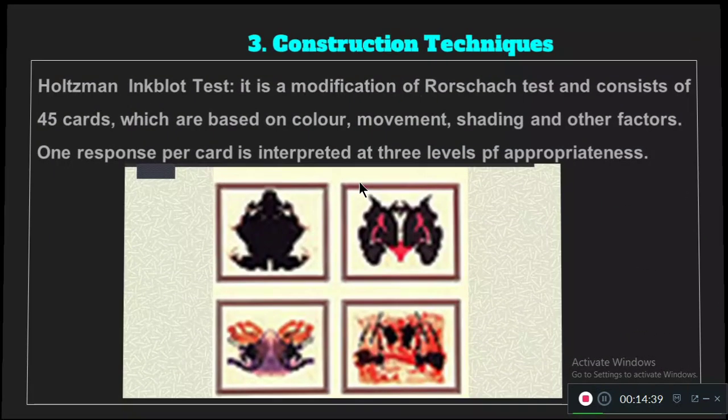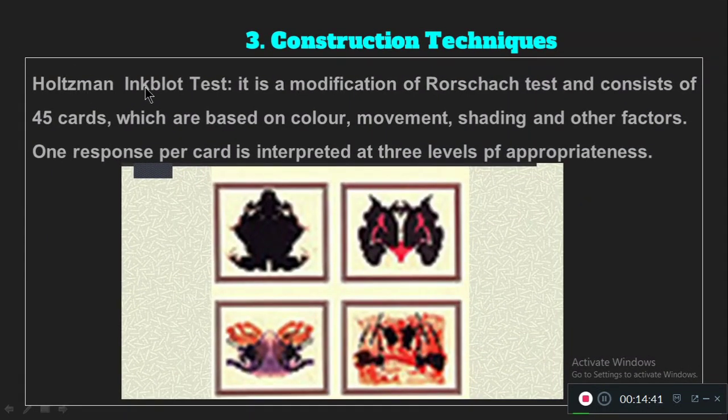The next one is the Holtzman Inkblot Test. The Holtzman Inkblot Test is a modification of the Rorschach test and it consists of 45 cards, which is based on color, movement, shading, and other factors. One response per card is interpreted at three levels of appropriateness.